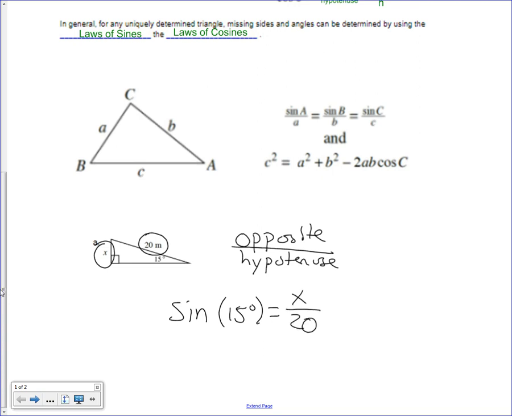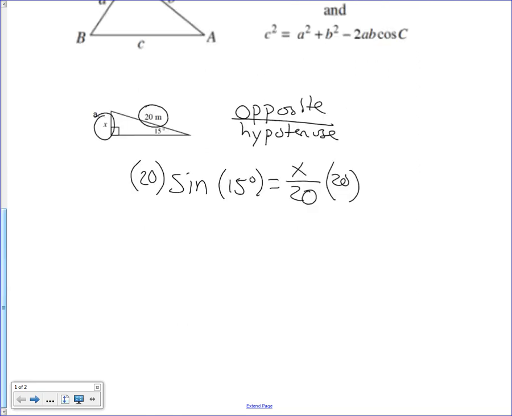Then we would solve for x. I'm going to multiply both sides by 20, and these cancel out, and I get 20 times the sine of 15 degrees is equal to x.